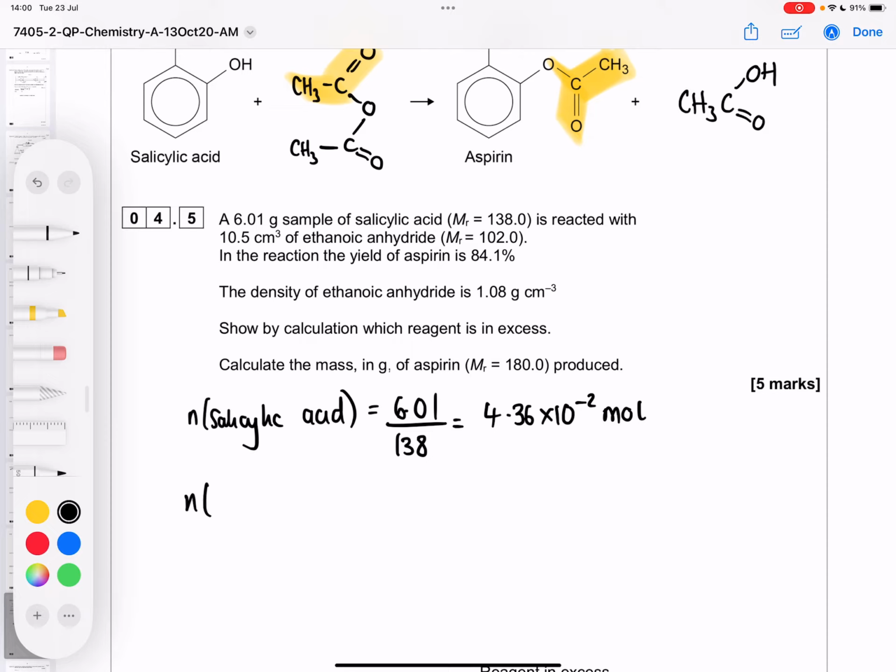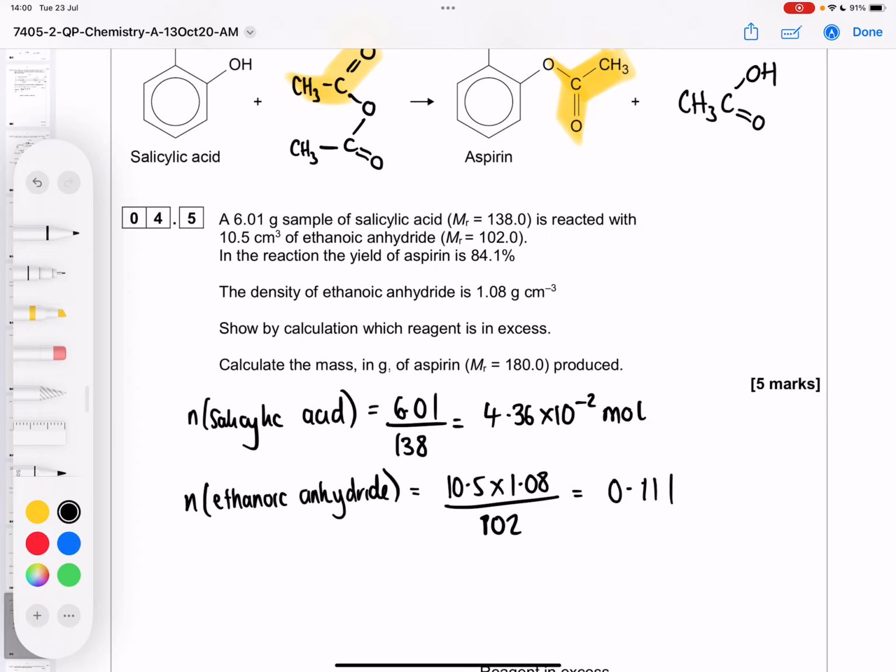Then let's do moles of the anhydride. And that is 10.5 centimetres cubed times the density to get the mass divided by the MR that they've given us. And that's coming to 111, I think.